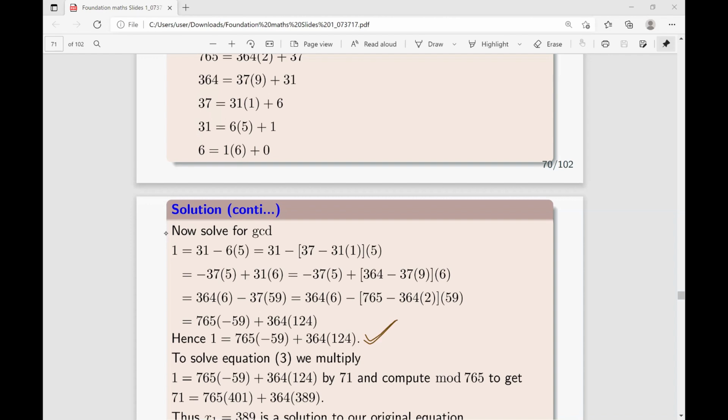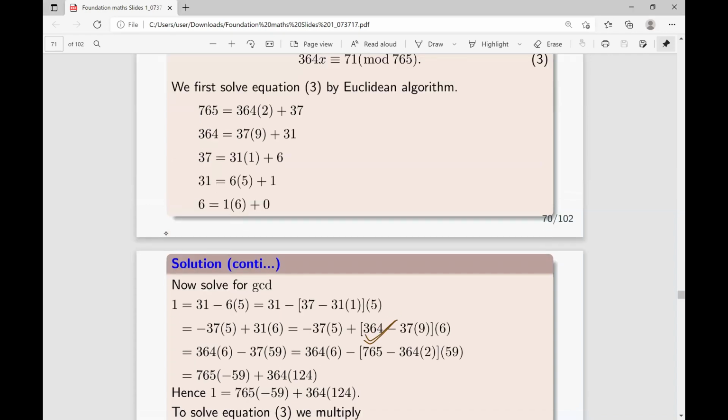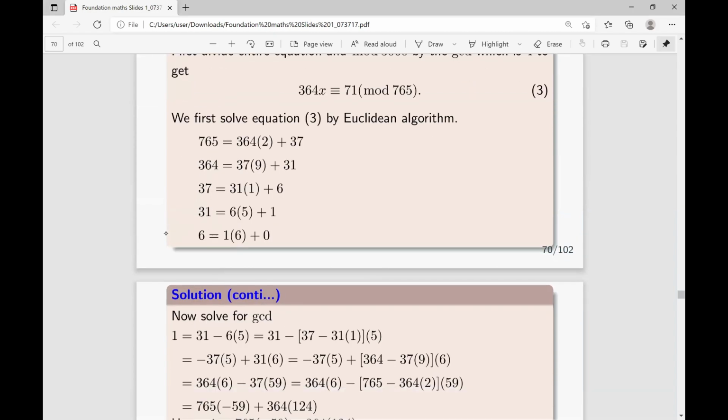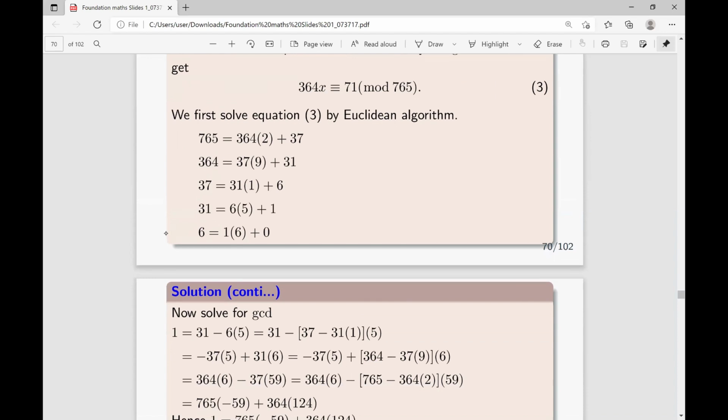Now, I compare this to equation 3. Equation 3 says 71 should be written in terms of 364x plus 765y. Is that okay? Yes.